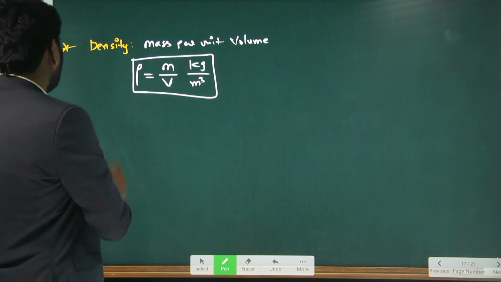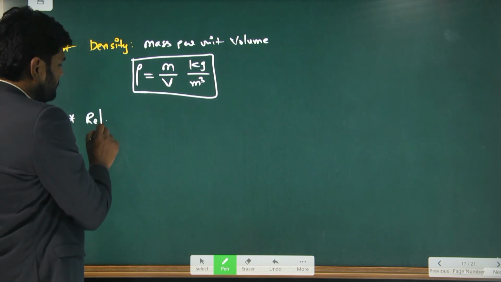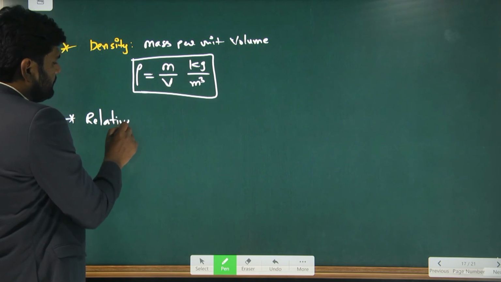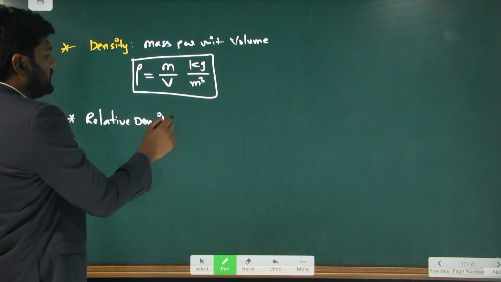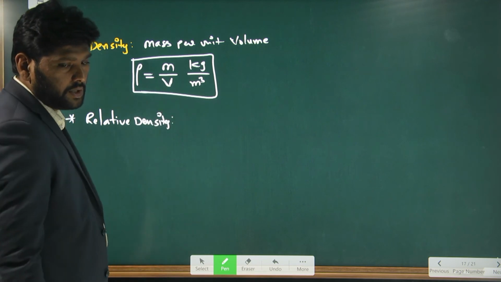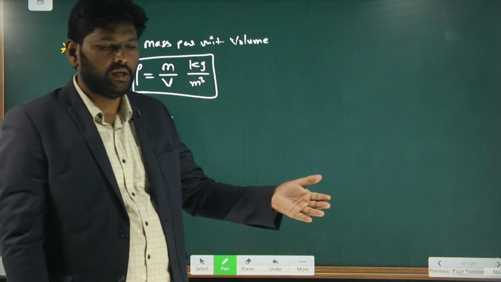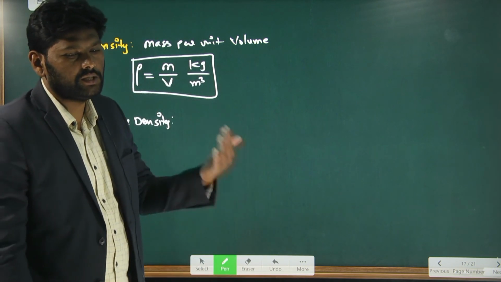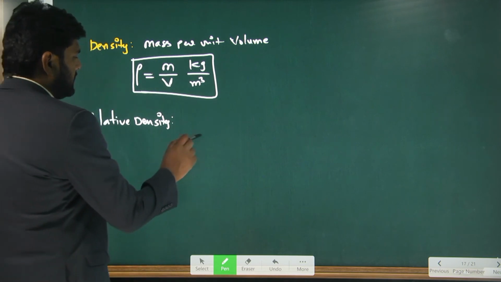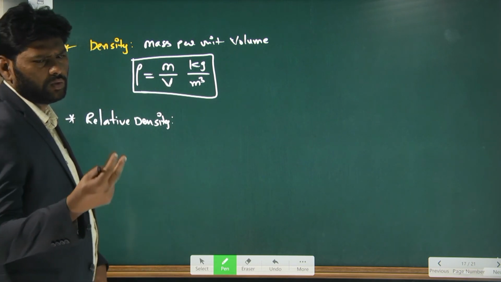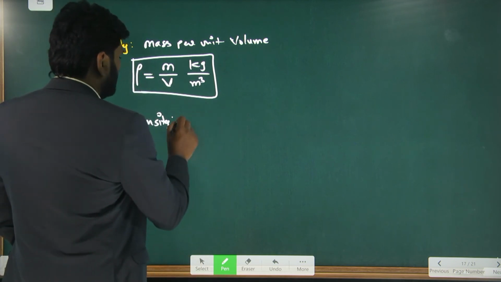But there is one more, relative density. Relative density means we are comparing the density of one substance with another. This is known as relative density.